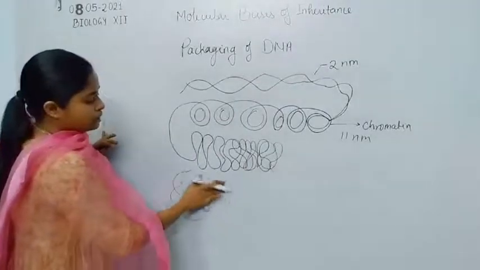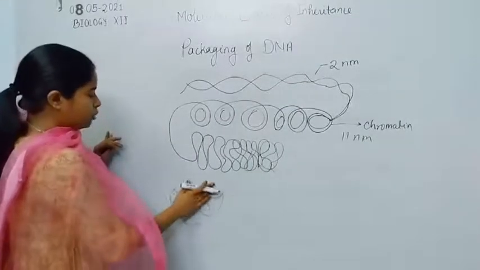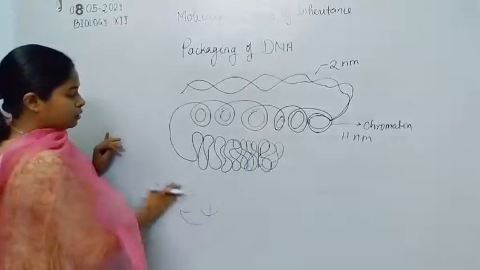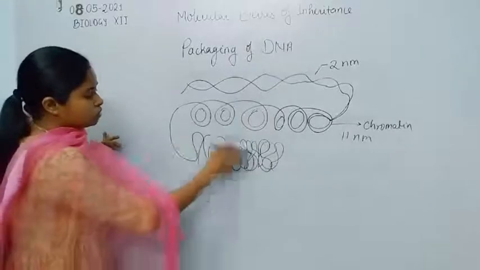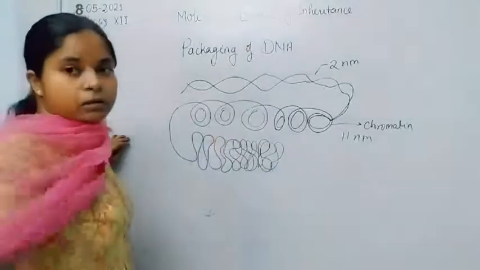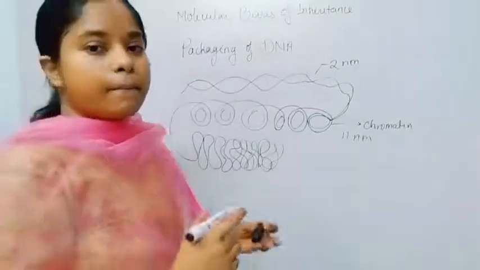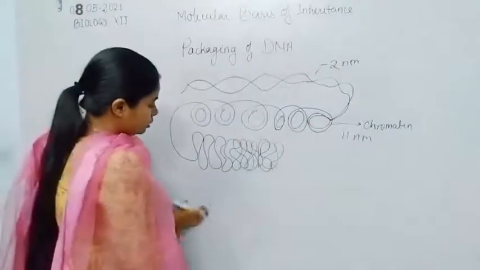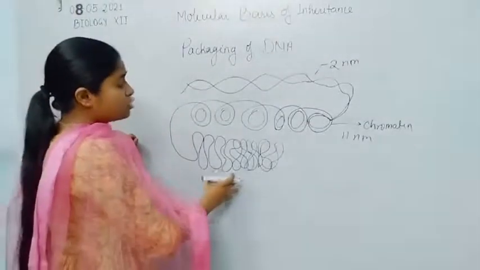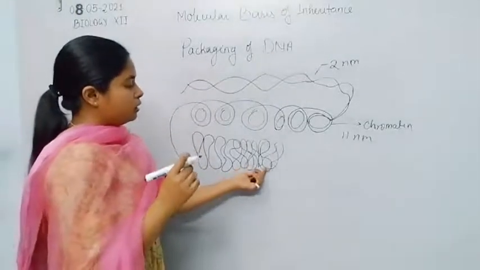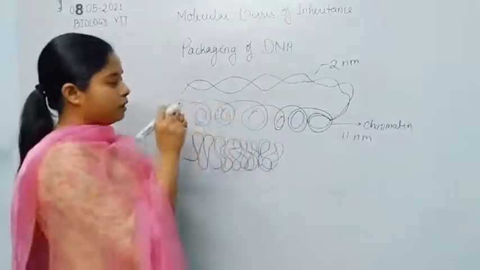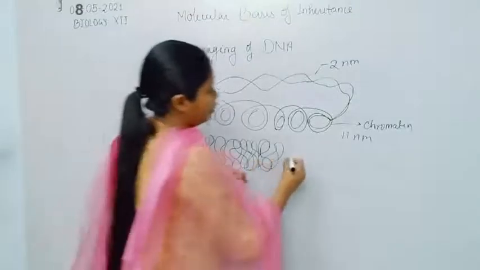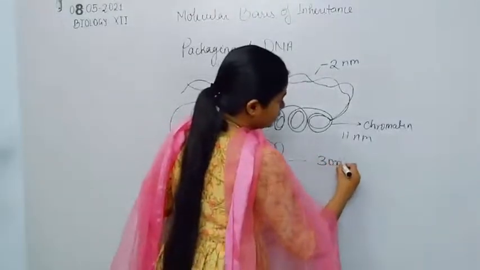When we observe the DNA molecule on the lateral side, it can appear like this. So here is the overall structure, where the nucleosomes become more condensed to form the 30 nanometer structure.